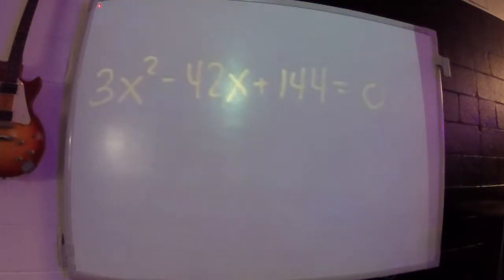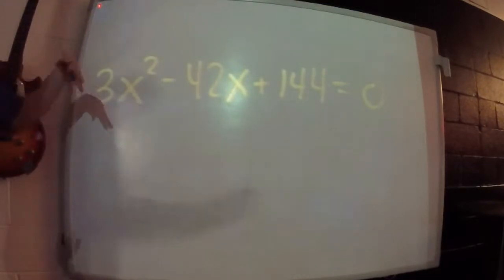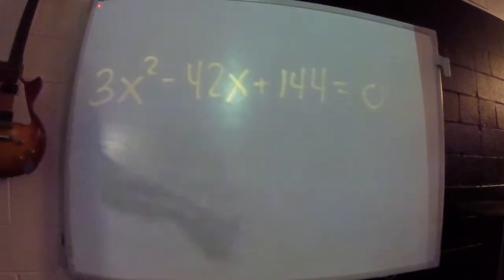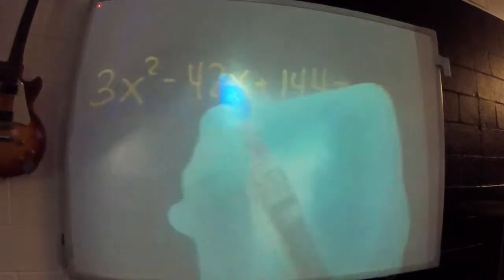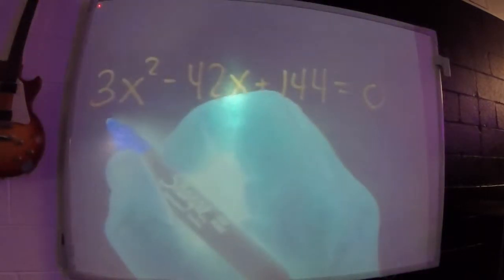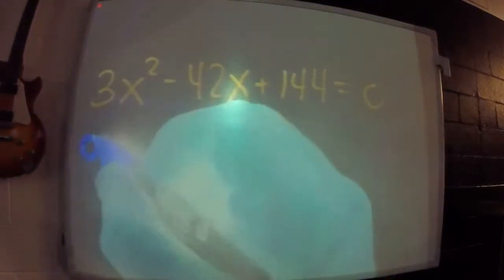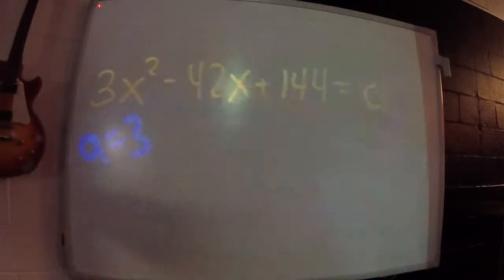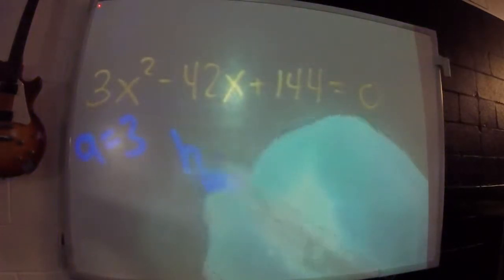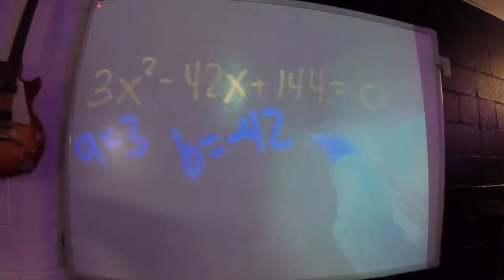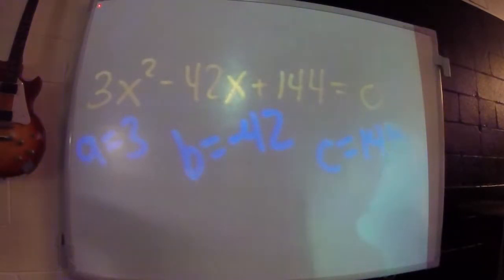Now I'm not going to solve it today. I'm just going to tell you what the quadratic formula is and how it helps us. What we do is identify these three pieces and we call them a, b, and c. Like this is a. So a is 3. b is -42 and c is 144.